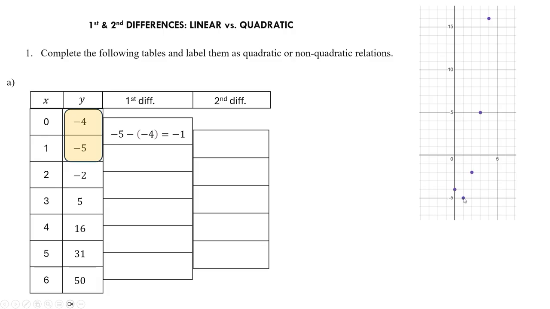Now we're here at this particular y value, and we're going up to this coordinate, and we want to know what is the difference in the y values from one to the other. So we can get that by subtracting, we'll say, -2 minus -5. And that gives us a value of 3.